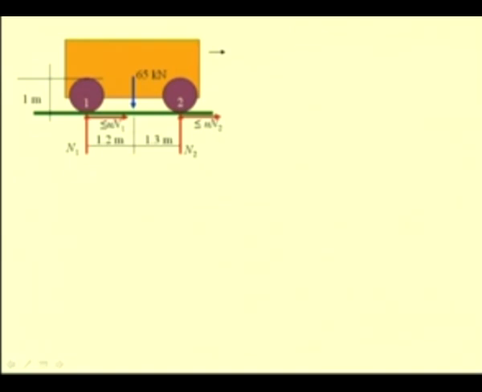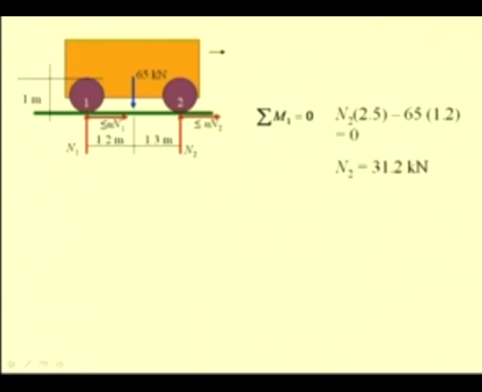So, we know this geometry, that is the location of the CG of this vehicle: it is located at 1.2 meters from the rear axle, 1.3 meters from the front axle, and 1 meter from the ground. So, we write the equilibrium equation. Let us say we take the moment summation about this point 1.